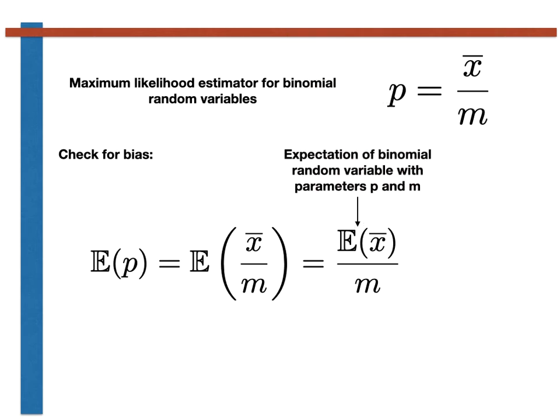The expectation in the numerator is thus m times p, which is the expectation of the underlying binomial random variable. We thus find that the factors of m in the numerator and denominator cancel out, and that our estimator for the parameter of the binomial random variable that was sampled is unbiased. Happy days.